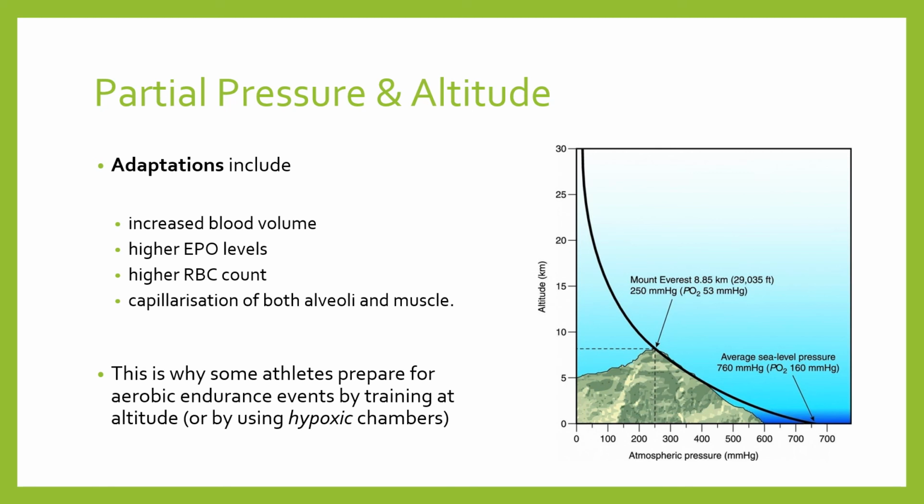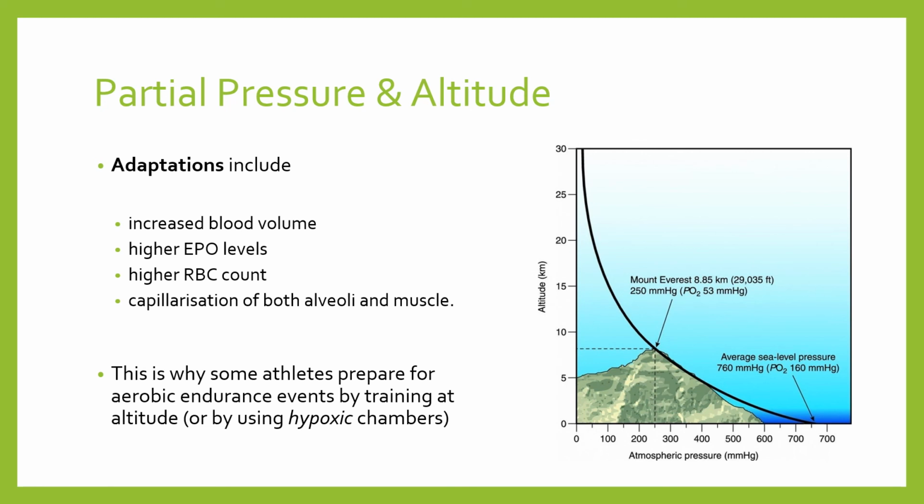So if you've created these adaptations, higher blood volume, higher EPO levels, higher red blood cell count, capillarization of the alveoli, if you can create those adaptations by training at altitude, then when you come back down and race at sea level, in theory, you will be better prepared and better ready to supply the oxygen needed for your aerobic endurance event.